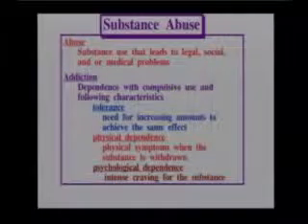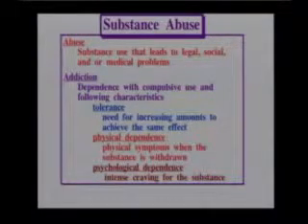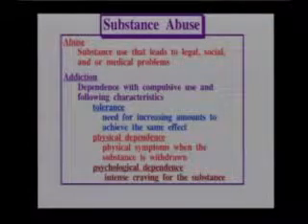This is a physical dependence. Psychological dependence means you have an intense craving for the substance. So you want the alcohol, you want the caffeine, you want the heroin, you want the cocaine in a serious way. So addiction usually has compulsive use, tolerance, physical, and psychological dependence.